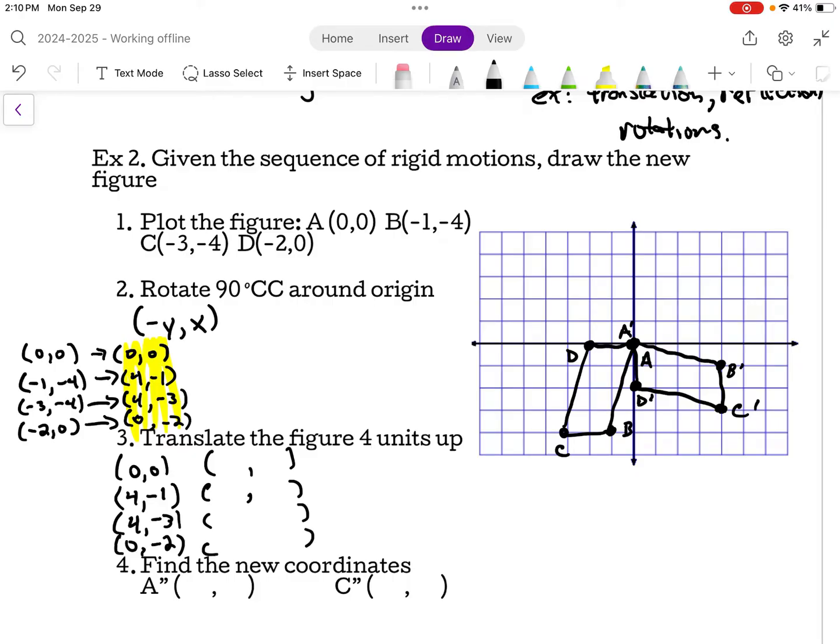So my new coordinates, by just moving it up 4, the x value is going to stay the same, and then the y value would be adding 4 to each y value. And then another way I can do that is just go over here to the graph, and I'm just going to take that A prime, B prime, C prime, D prime, and move it 4 units up.